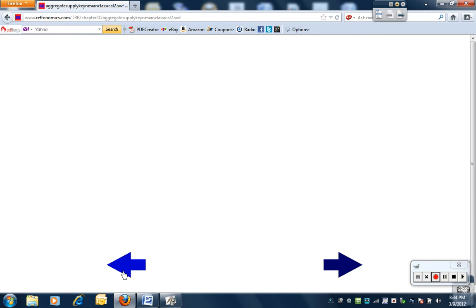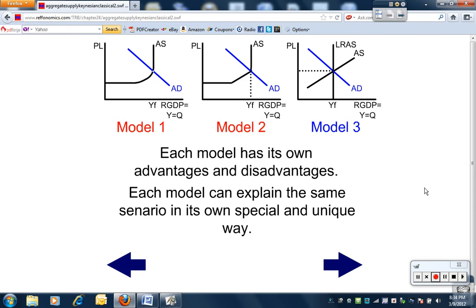When we're talking about aggregate supply and aggregate demand, if you graph any of these out, as long as you label the axes correctly, as long as you understand the reasoning behind the creation of the aggregate supply and the aggregate demand curves, and the factors that can change either one of these, you should be good to go on the AP exam.